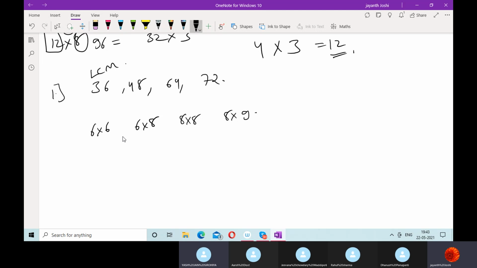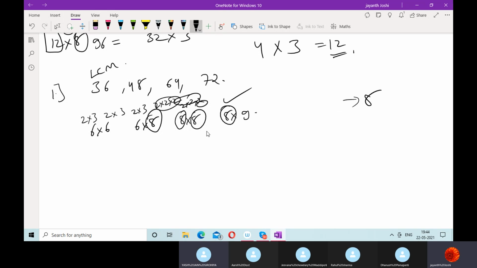So what we can do is, 8 we can take aside. Correct? Because 8 is there everywhere, and here also like 2 into 3, 2 into 3, 2 into 2. So here 8 is there, 8 is there, 8 is there, and 8 is there. So 8 we can take.